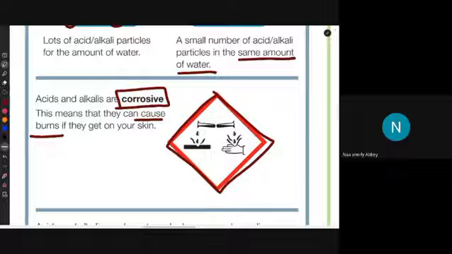I've written that down. Okay. So remember, acids and alkalis will always have this symbol. This symbol is always going to be present on acids and alkalis.